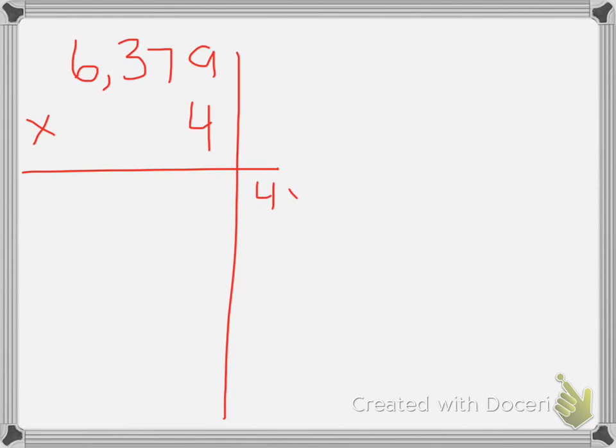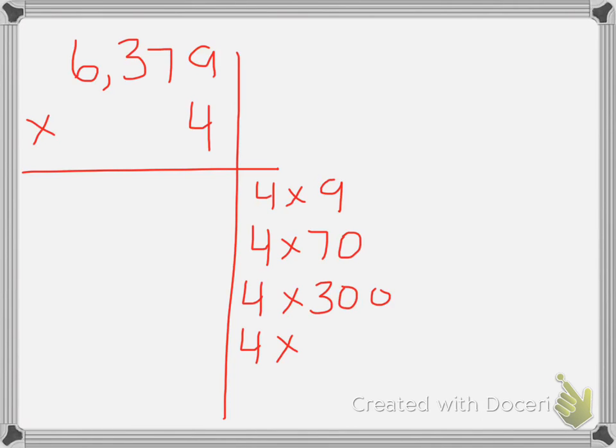My first one is 9 times 4. My second partial product is 4 times 70. Third is 4 times 300. And my last one is 4 times 6,000.